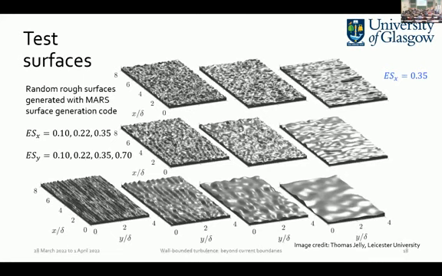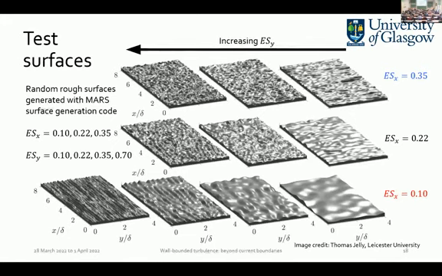So the first row are all surfaces at effective slope 0.3, and then as we go down, the streamwise effective slope is reduced. In the direction of the arrow, from right to left, we have increasing spanwise effective slope. So this surface down here has the highest spanwise effective slope of 0.70, and these have a spanwise effective slope of 0.1.